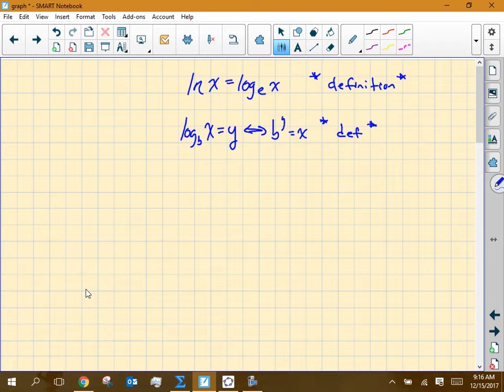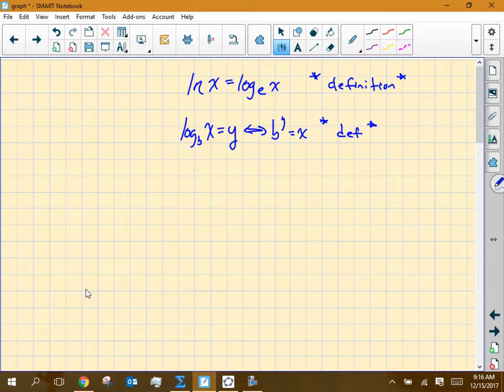And to be honest with you, if I were you, whenever I see ln, maybe the first several times I deal with it, until I'm comfortable with it, I'm going to change it to log base e every single time. Okay? Because the hope is that you have a little bit more familiarity and understanding of how to deal with log base of whatever.